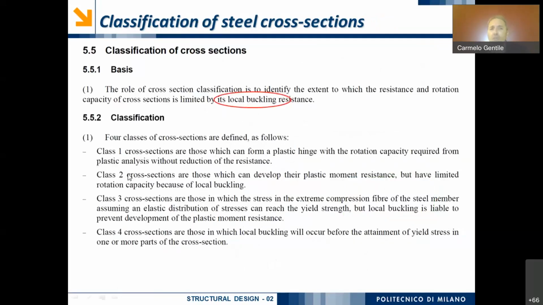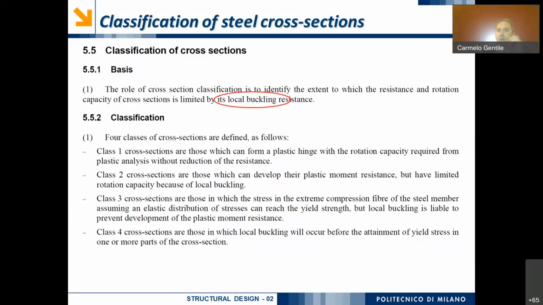Now let's introduce class 2. Class 2 cross-sections are those which can develop their plastic moment resistance but have limited rotation capacity because of local buckling. I will try to explain something about local buckling in 2 minutes, but let's first complete this kind of definition.